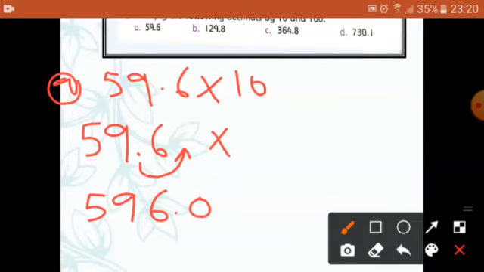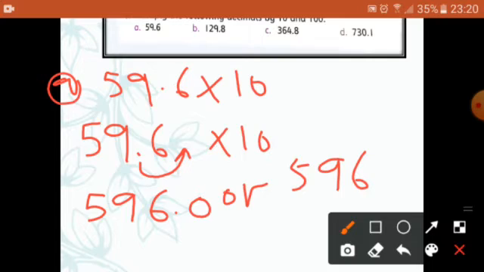So multiplication with 10 means one place towards the right. So it becomes 596.0, or you can say 596, simple, because in a whole number the decimal point is always at the end of that number.